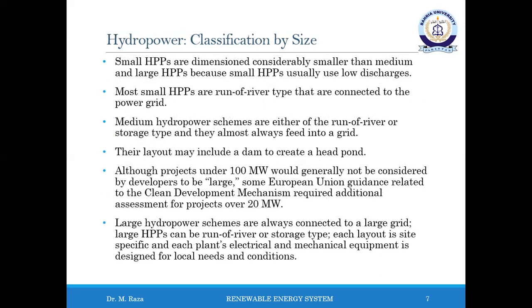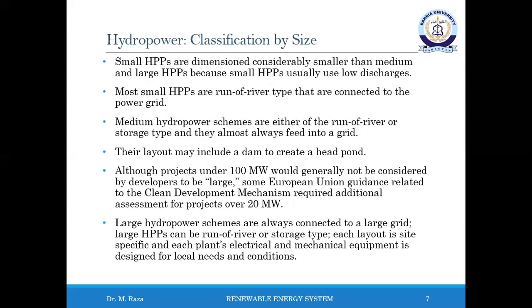Small hydropower plants are dimensioned considerably smaller than medium and large hydropower plants because small hydropower plants usually use low discharge. Most small hydropower plants are run-of-river type that are connected to the power grid.